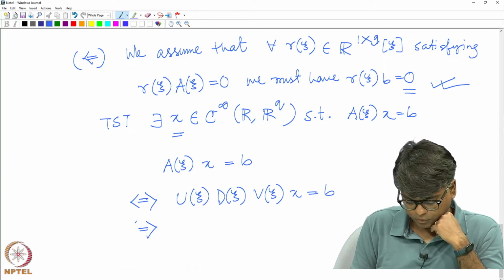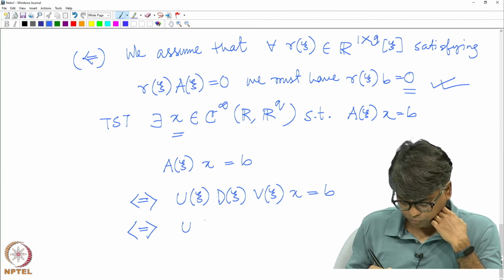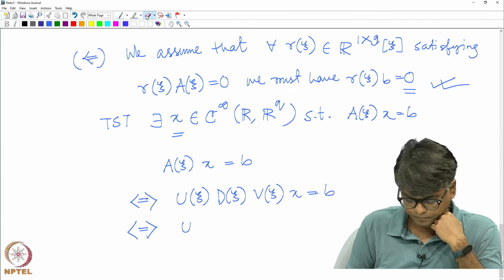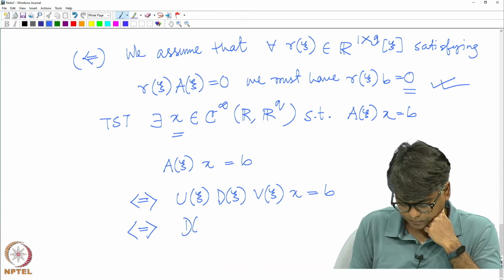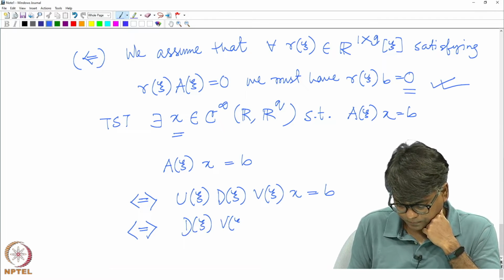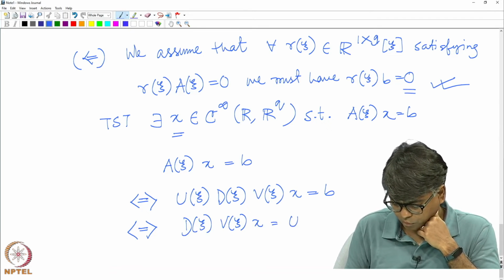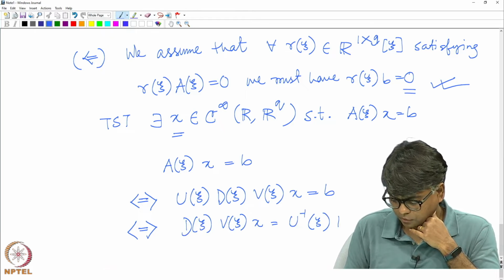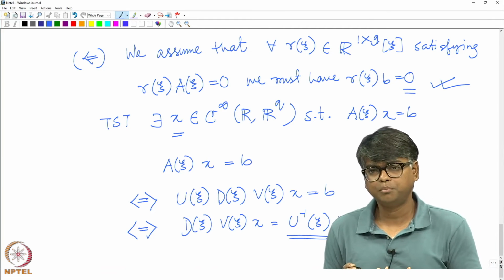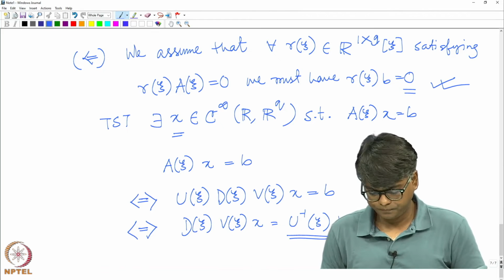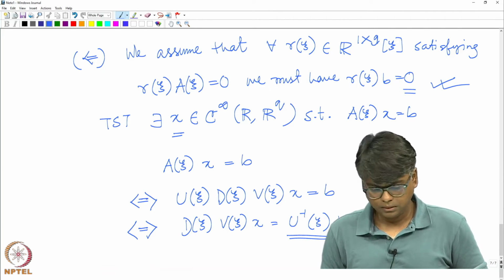That is just equivalent to solving D(ξ)V(ξ)x equals U inverse(ξ)b. Now remember, because U is unimodular, U inverse(ξ) is also a polynomial matrix, so it makes sense. So this is what we need to solve, right?